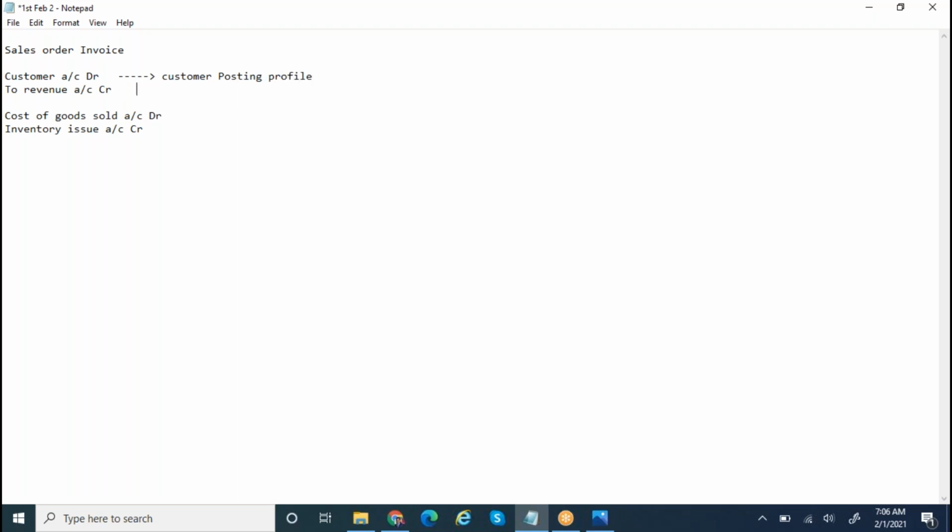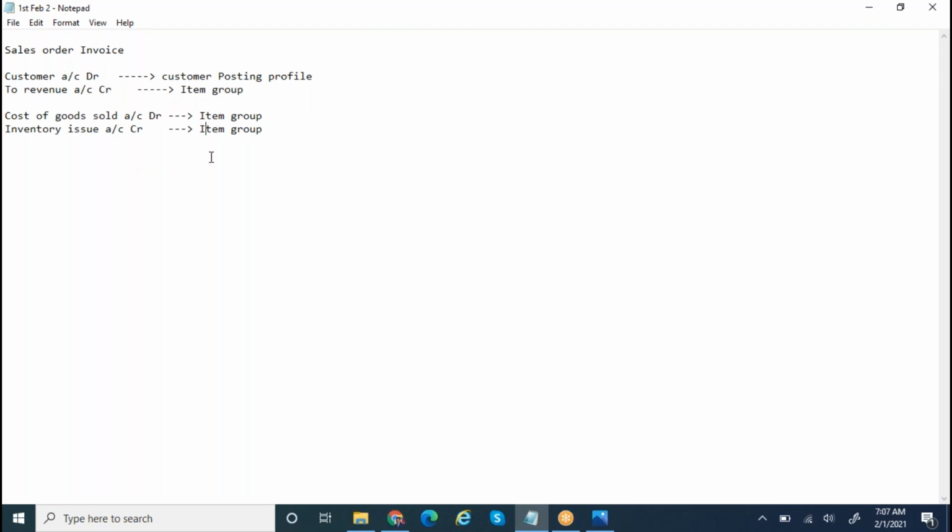Now I told you this one is available in item group. We have discussed this one already last time. Anyone has any doubt in this? Sir, the second, cost of goods and the inventory issue, these are optional, right?